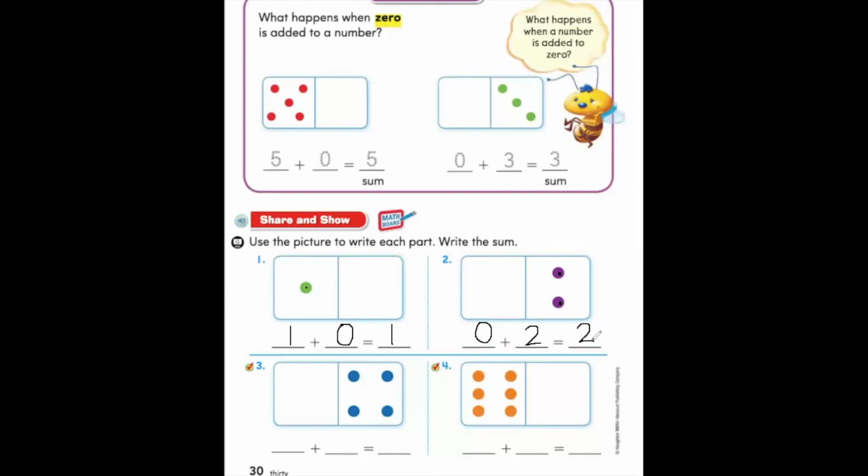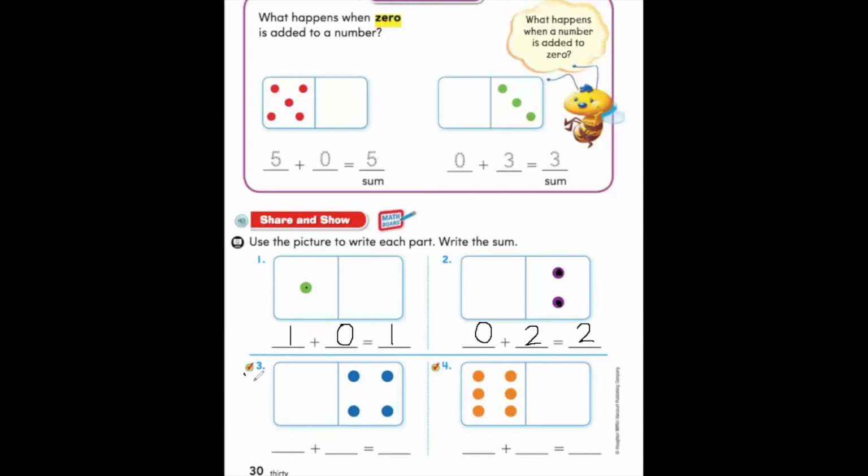Again, if we want to count and make sure that that sum is correct, we can count our dots. 1, 2. We do have a sum of 2 dots. That means this is correct.